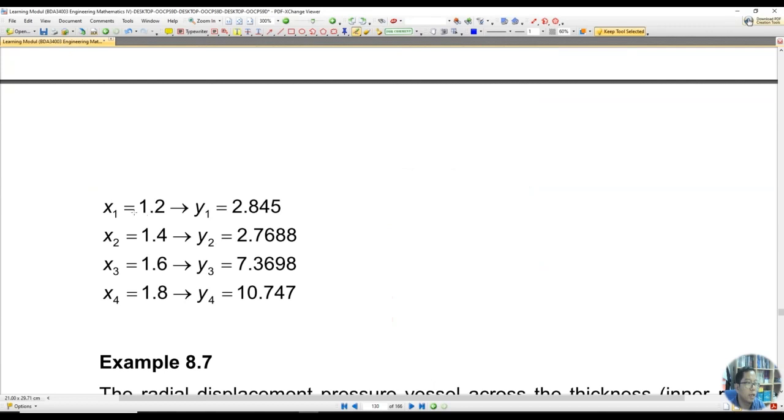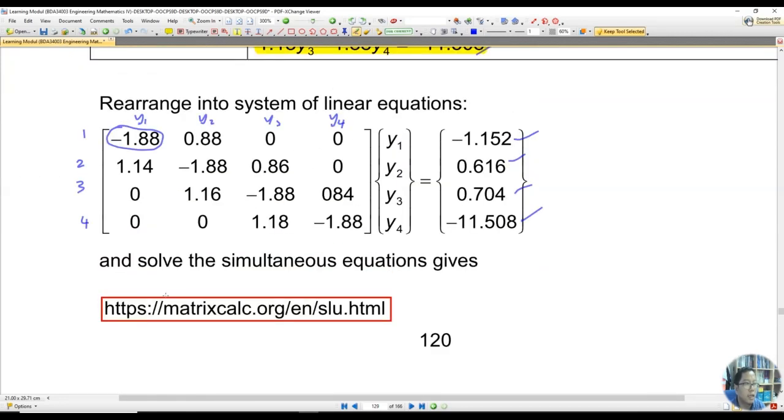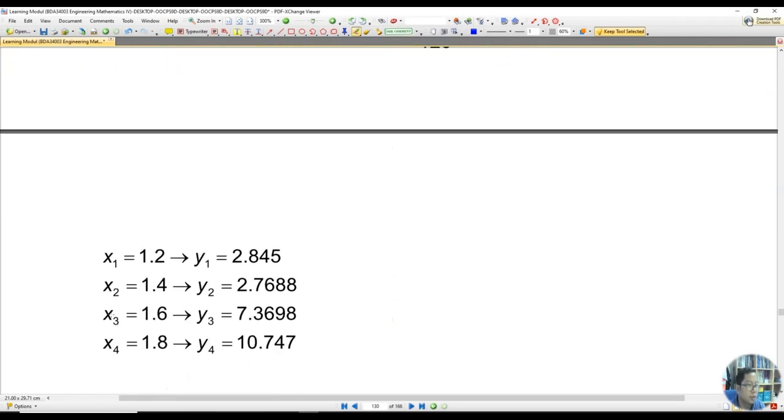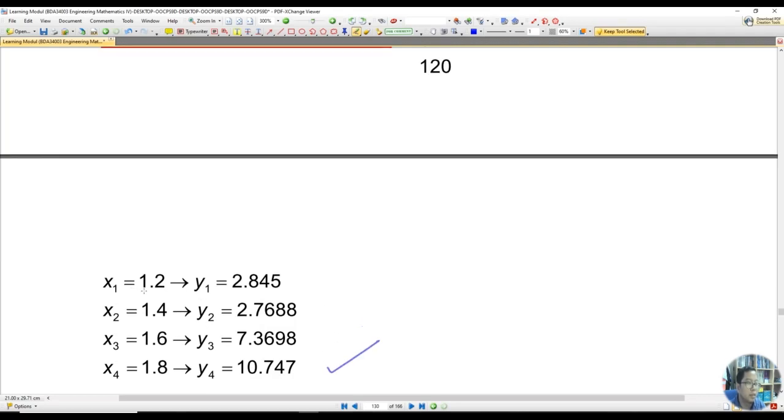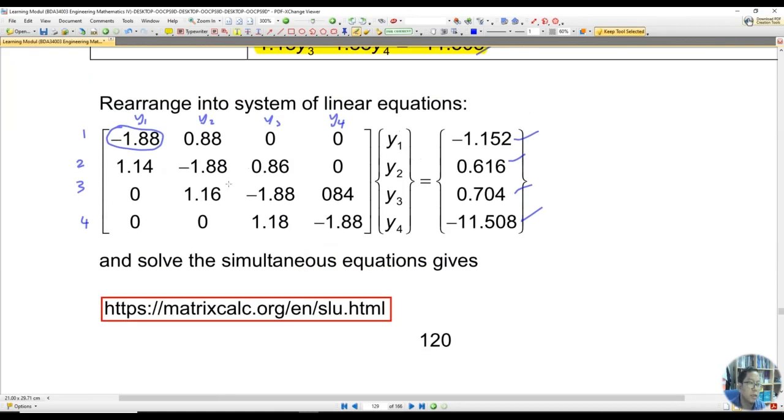What is y1, y2, y3 and y4? So we know when x1 is 1.2, then y1 equals to. So let's use your calculator to identify this number.